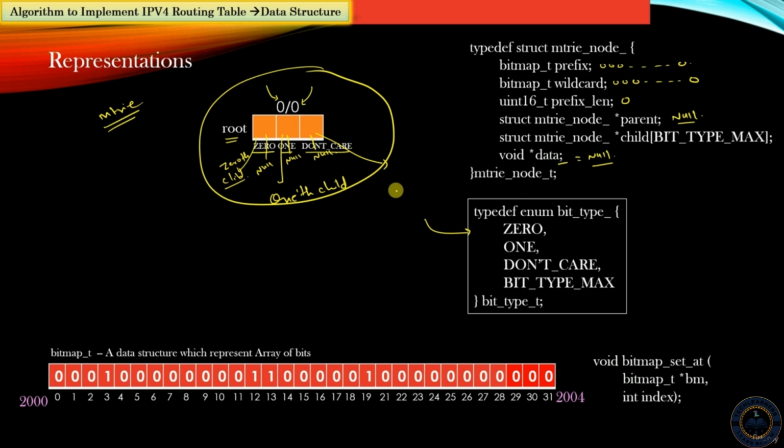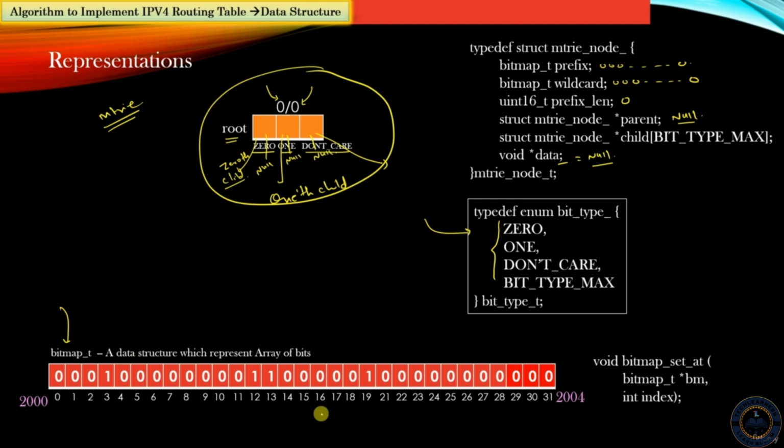So each node in the mtry can have a maximum of 3 children and we index these children as 0, 1 or don't care.